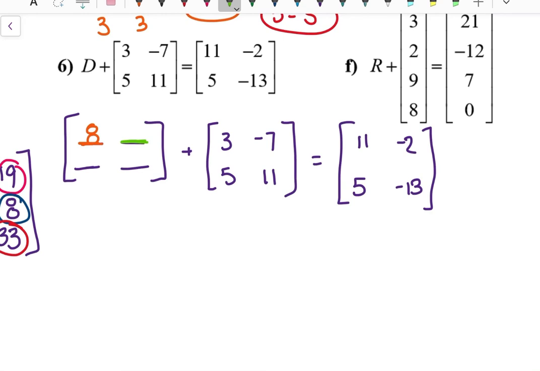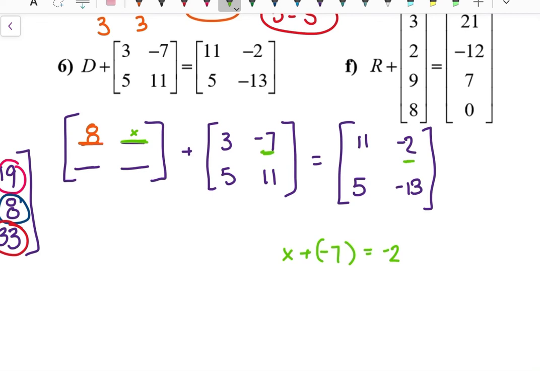For the next one, I have something plus negative 7, or something minus 7. Plus negative 7 is the same thing as just minus 7. And it has to equal negative 2. So here's another way to do it that I didn't do on the other one, but you can call this one x if you want to for now. So we'll do x plus negative 7 has to equal negative 2.